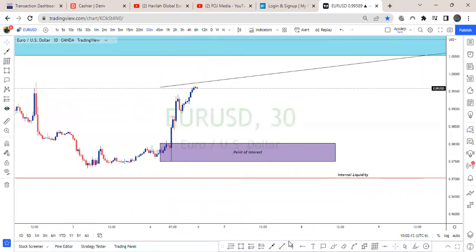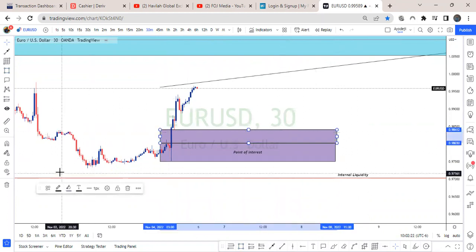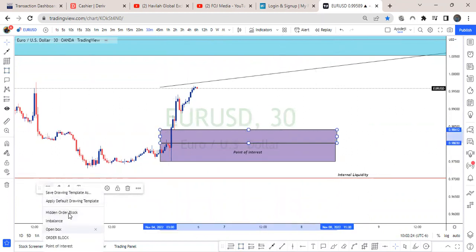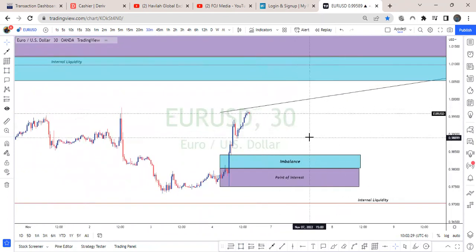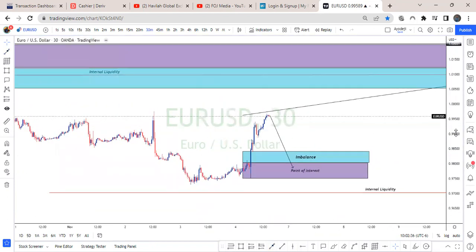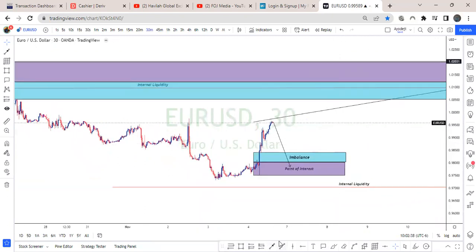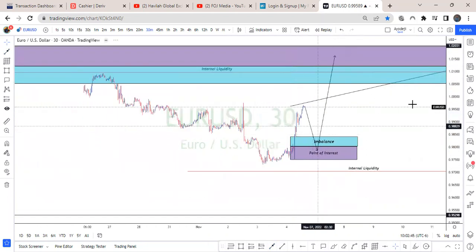If we can see price come back here, and then we can see that a big imbalance was created. A big imbalance was created. So there's an imbalance that was created. So if we can see price come back to this zone, and then buy up to our H6 potential sell region before selling down.